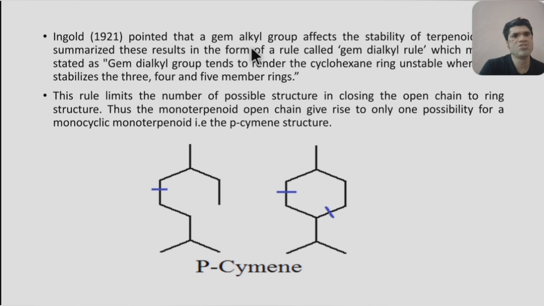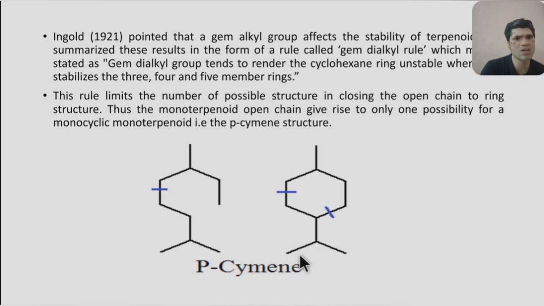Ingold pointed out that the gem alkyl group affects the stability of terpenoids. He summarized these results in the form of a rule called the gem dialkyl rule, which is mostly stated as: gem dialkyl groups tend to render the cyclohexane ring unstable when attached to cyclohexane, and they stabilize 3, 4, 5 membered rings. So if you see, these are the 2 alkyl groups.